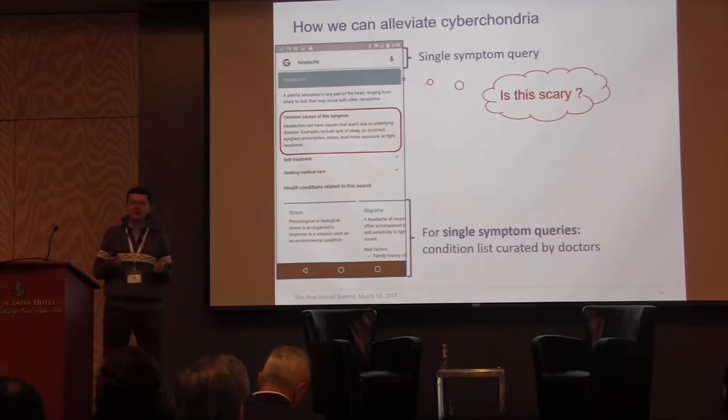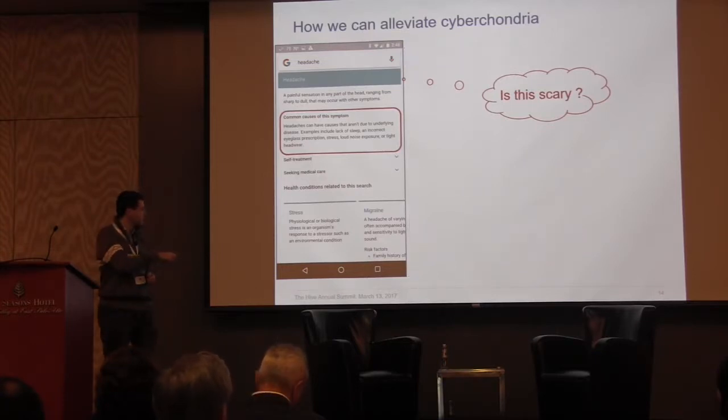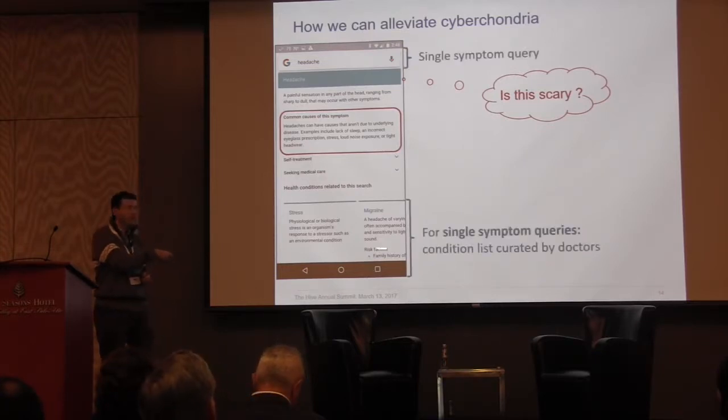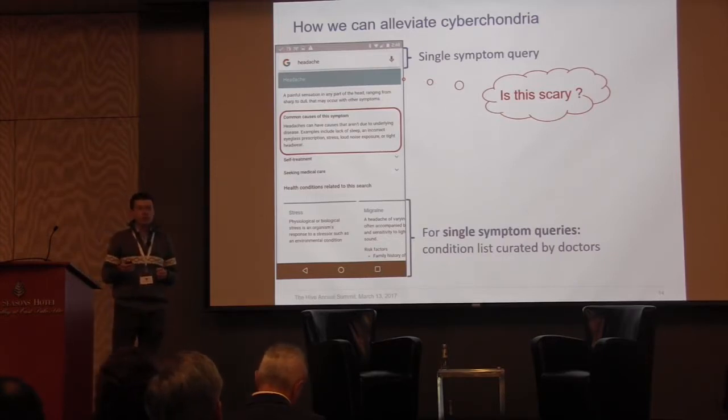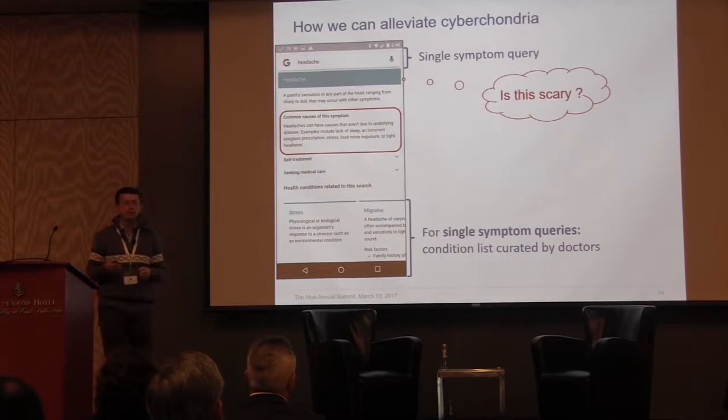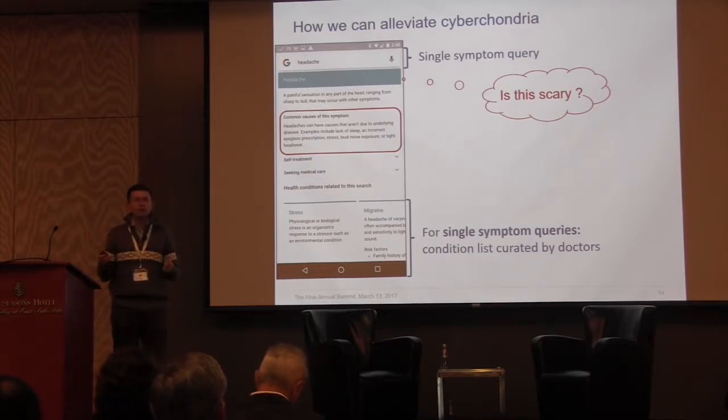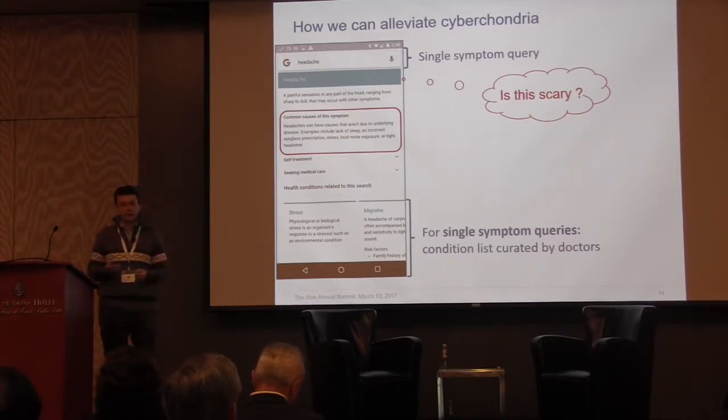In those cases, as I said, it is impossible to anticipate ahead of time. That's why we use machine learning to process them in real time. In those cases where we have single symptoms, we just have doctors enumerate this exact list of conditions in the correct order of prevalence. If you search for headache, you will not find brain cancer anytime in the top 5 conditions. So we are trying to actively alleviate hypochondria and not to unnecessarily promote scariness and user concern.